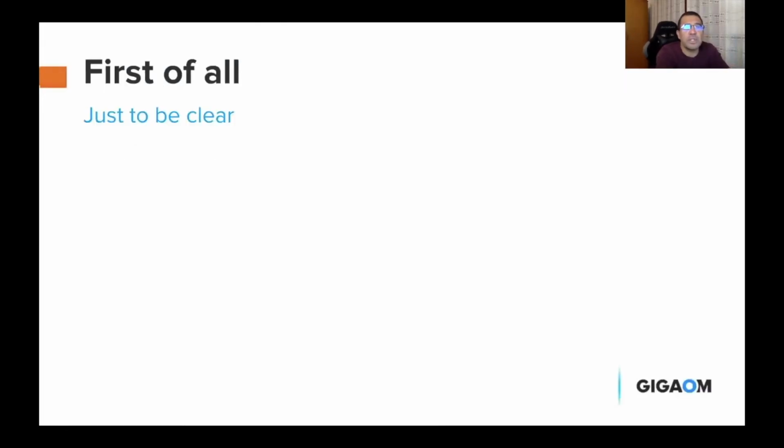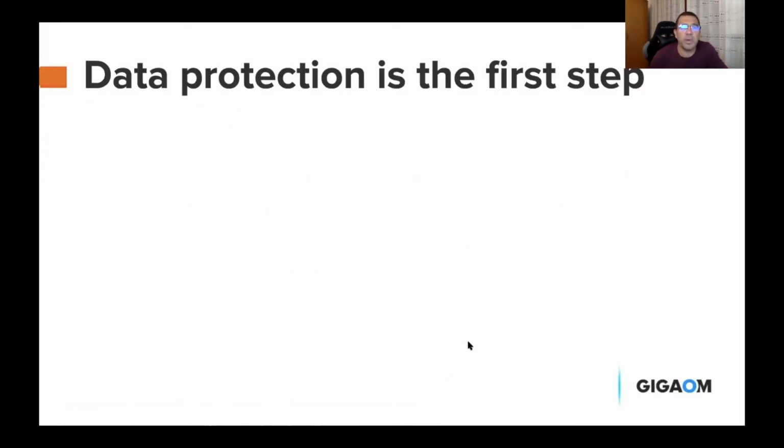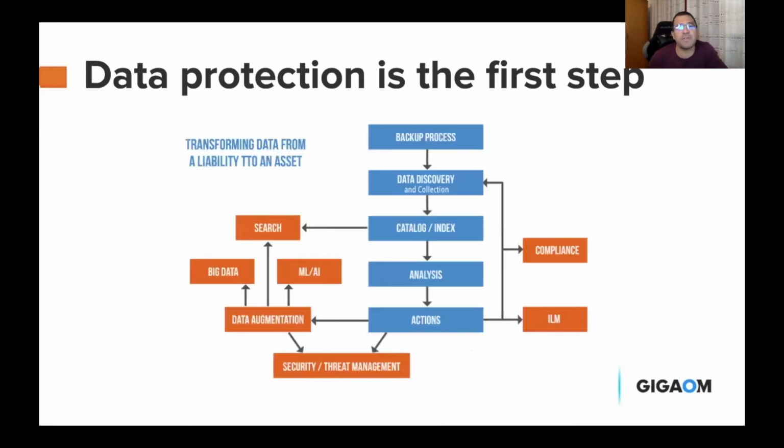So first of all, just to be clear, data protection is not data management, okay? Actually, if we look at the entire process, data protection is the first step. So the backup process in general is when you start collecting data, ingesting data for the data management. Then you need to do something with this data, okay?